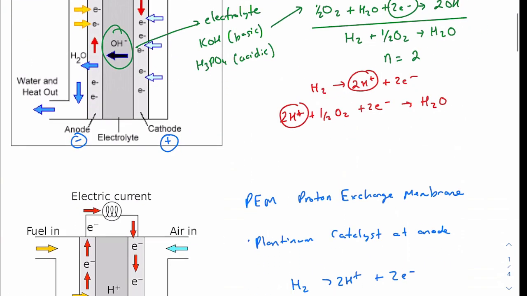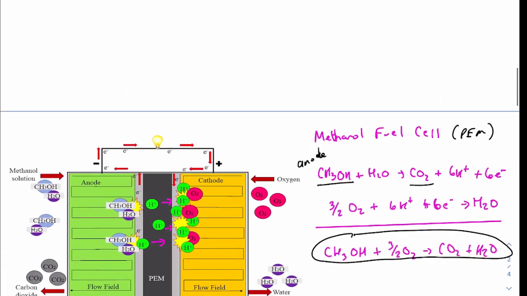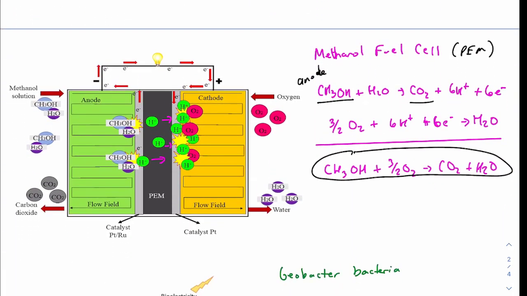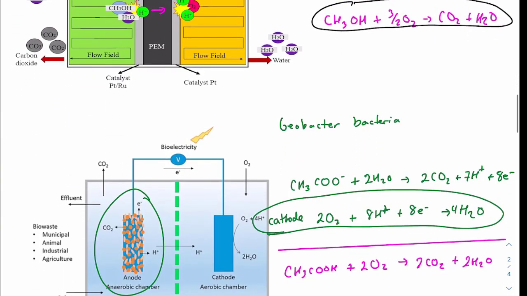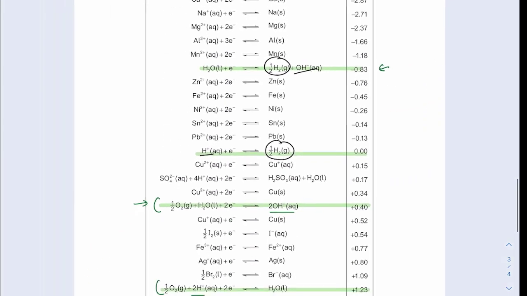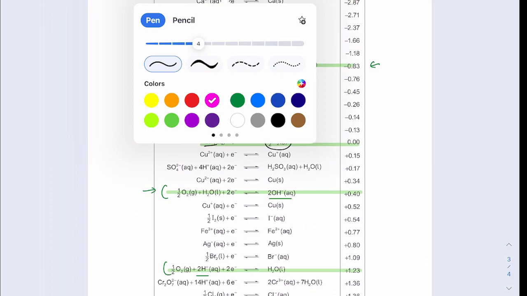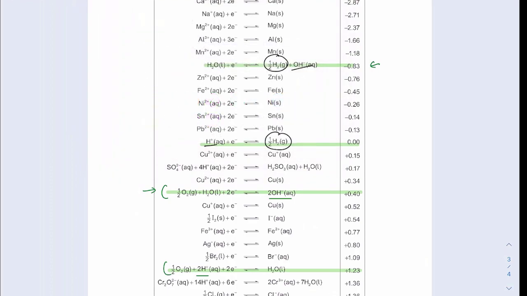The anode one is where it really changes, but for the most part, they're just the oxidation of hydrogen, except with the methanol one, where it's methanol going to CO2, which you can balance on your own, and then the ethanoate ion reacting with water to do this as well. There are a couple of reactions that you might want to know for this. But again, most of the reactions are listed in your data booklet, so don't worry about memorizing as much.